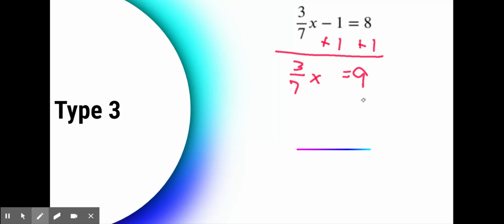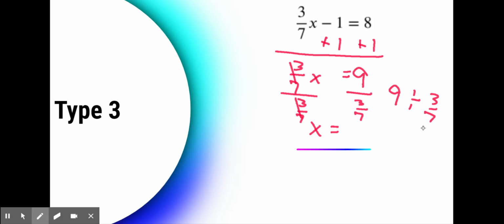Now, there's a couple of ways to view this and to do this next step, but this is 3/7 times x, right? So my inverse operation is division, so I'm going to divide both sides by 3/7. Okay, so 3/7 over 3/7, that cancels, and I'm left with 1x. Now, this complex fraction is kind of weird looking, but this is 9 divided by 3/7, right?